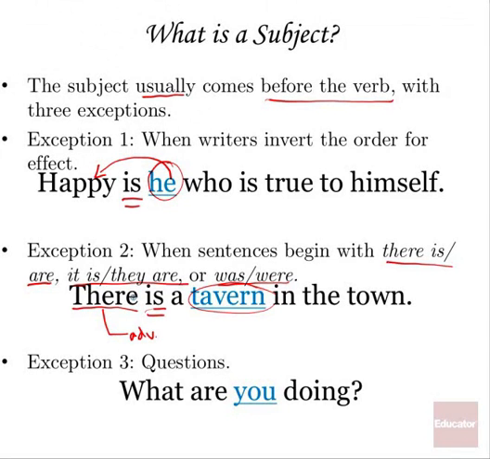Okay, it's modifying the verb is. So, tavern is what's actually performing the action of being, so tavern must be the subject. The third exception is questions. What are you doing? Are and doing are the verb, and there's the subject right in the middle of it. And unfortunately, in questions, usually the subject follows the main verb.